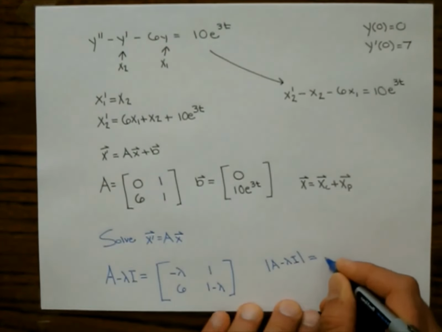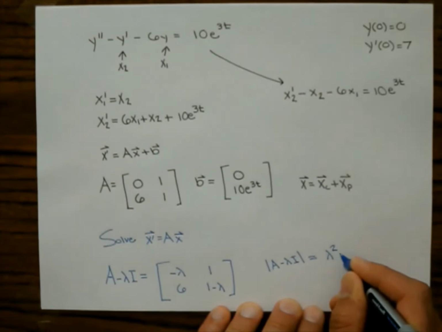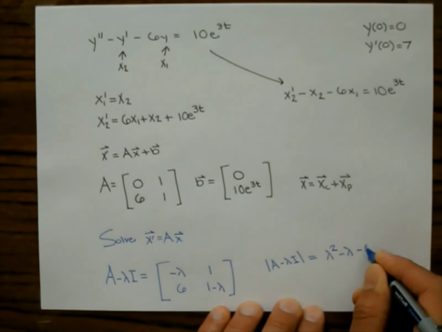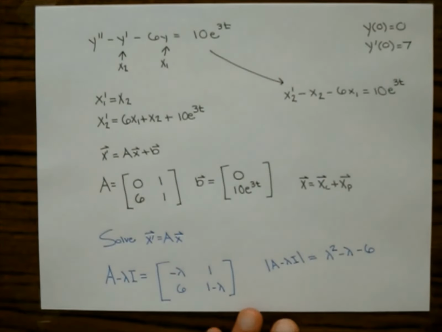When I take the determinant, I get lambda squared minus lambda minus 6. Does that remind you of anything? That should remind you of something.